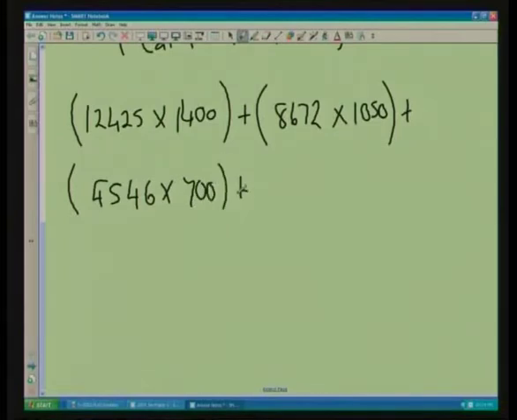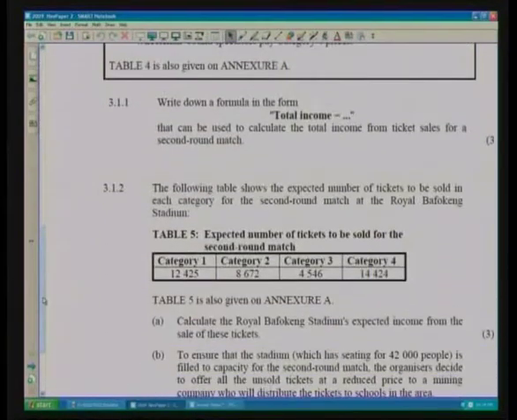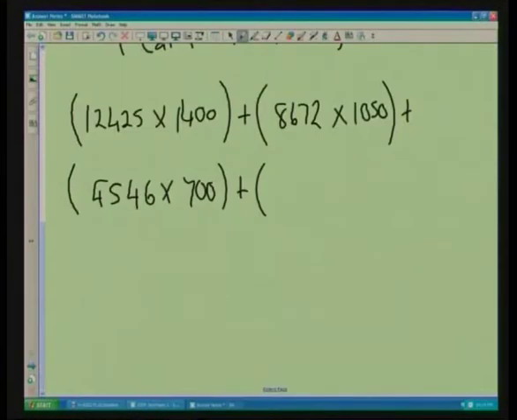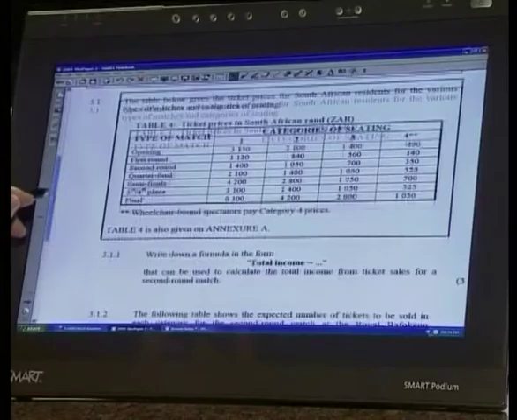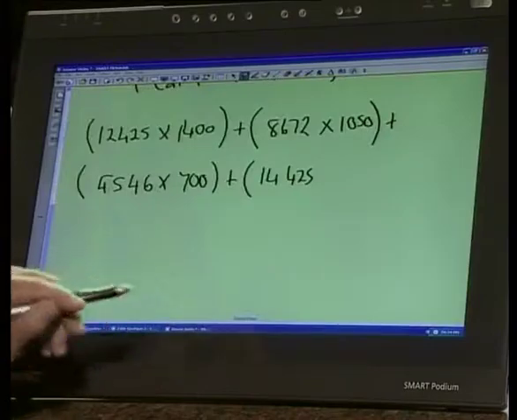And lastly, we're going to find the number of people expected to attend category 4. And that was 14,424. And lastly, the price for those tickets in the second round was 350 Rand.